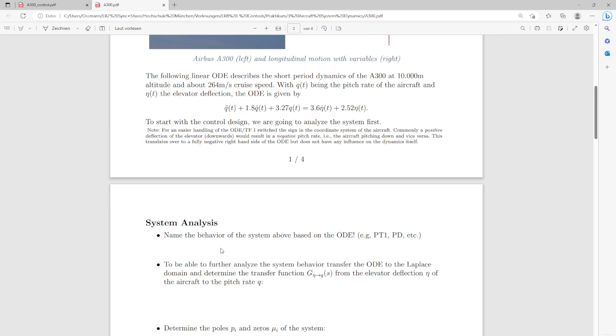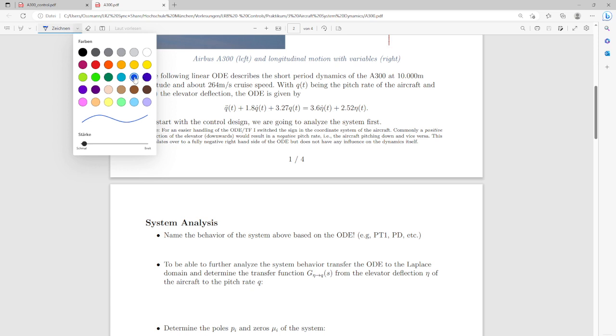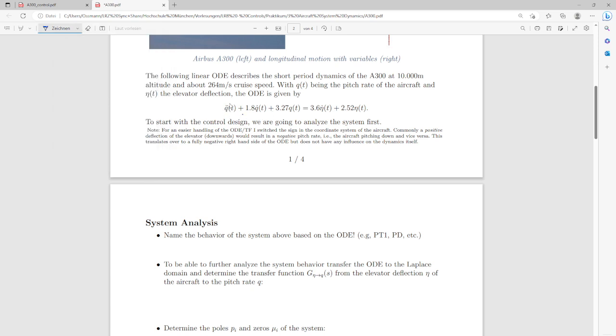The first question being asked is, name the behavior of the system above based on the ODE. So what system behavior do we have? Well, if we take a closer look here, I'm going to switch to drawing. We have here the second derivative of Q. That means we have a second order lag.